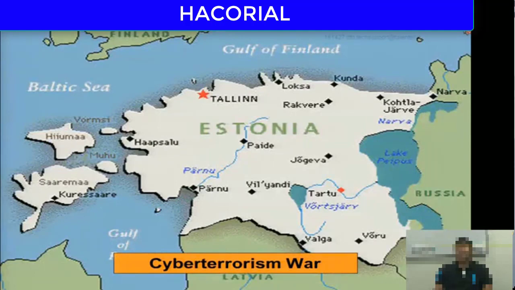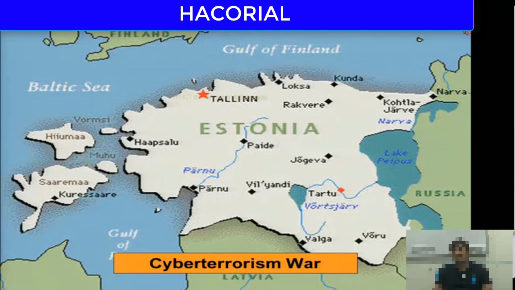Now DDoS attacks or reflective DDoS attacks have become so dangerous that I would like to share with all of you a real life example from Eastern Europe. So in Eastern Europe, there's a very small country called Estonia. And Estonia on the east has Russia. So compared to Russia, Estonia is a very, very small country.